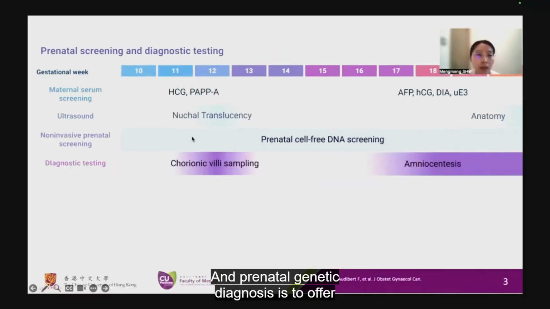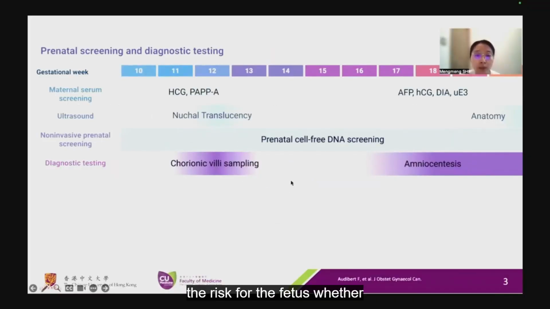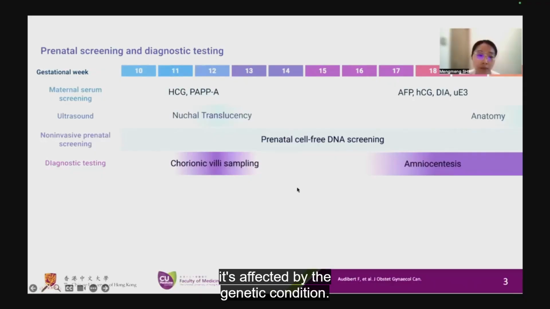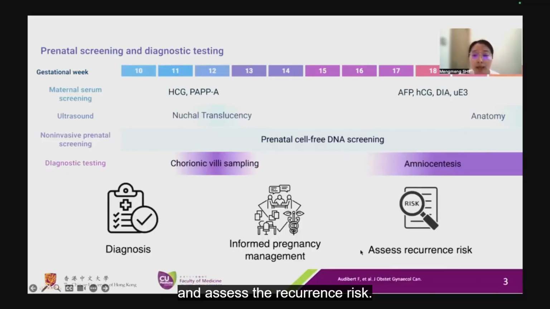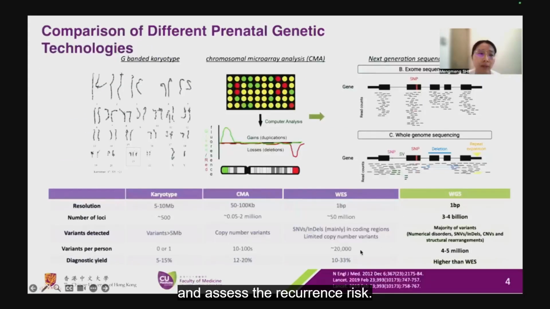Prenatal genetic diagnosis is to assess the risk for the fetus, whether it's affected by a genetic condition. It not only provides a genetic diagnosis, but also helps with informed pregnancy management and assessing the recurrence risk.